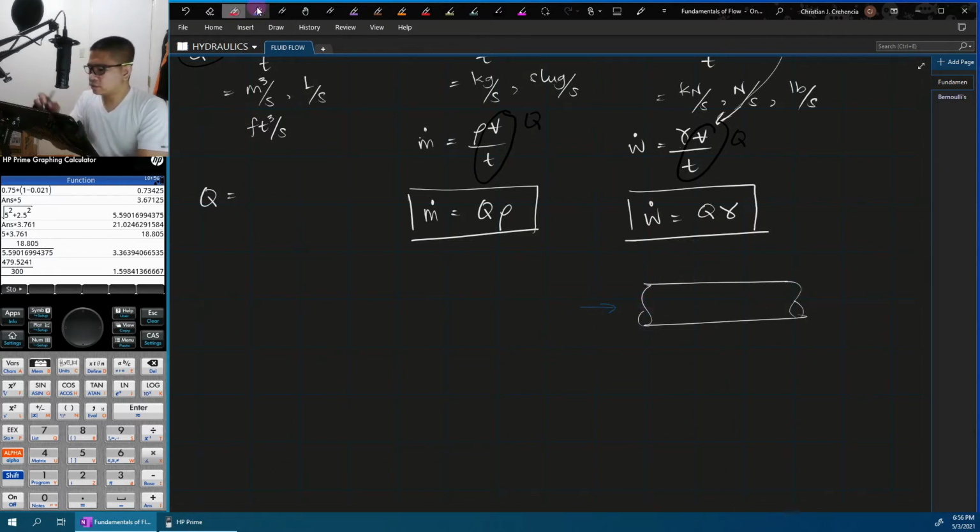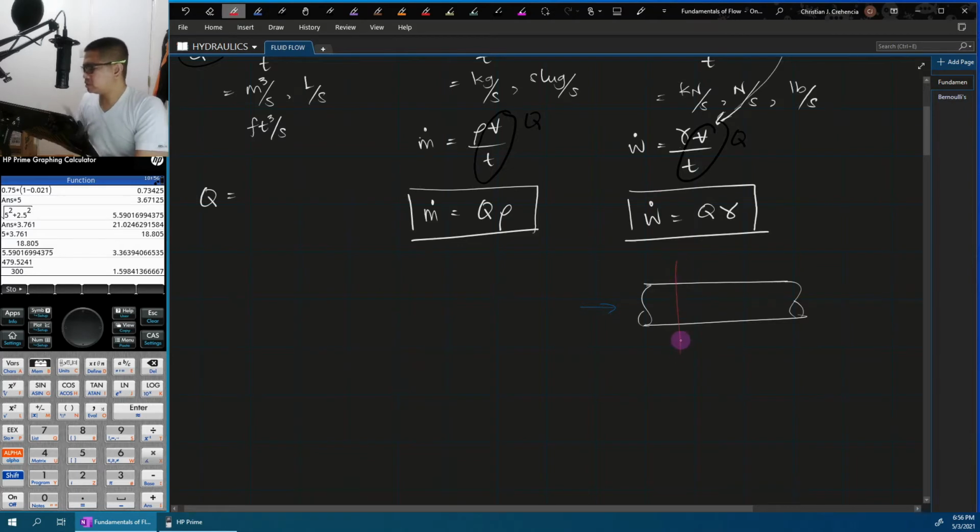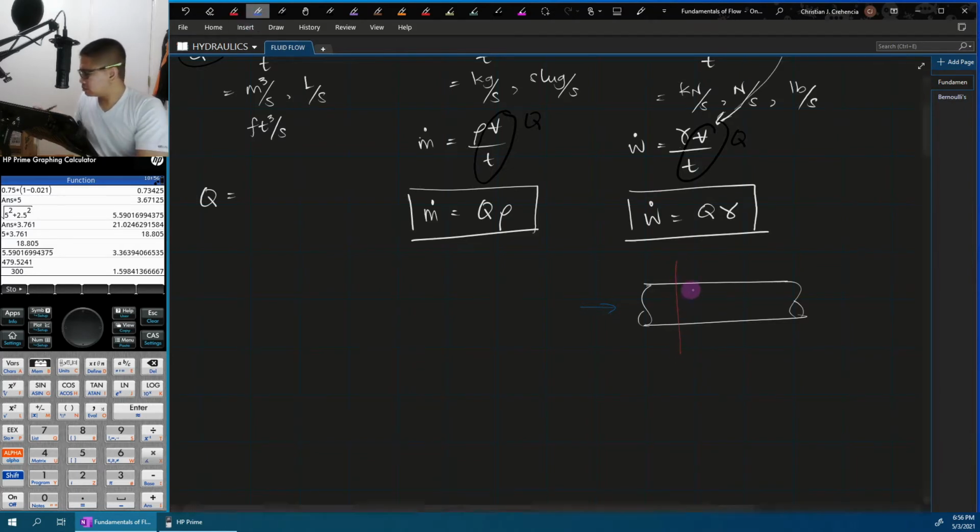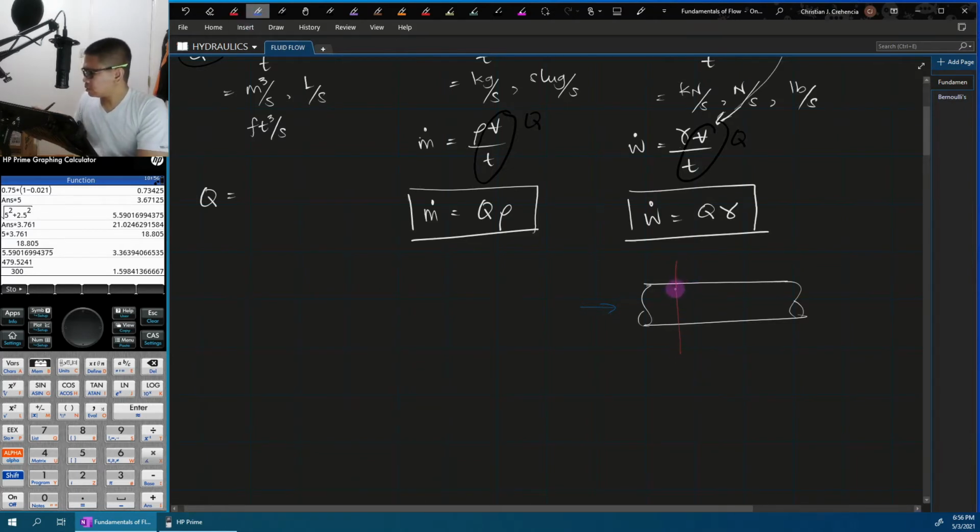So let's say ito yung ating reference point. Then, let's say meron tayo ditong cross-sectional area. Okay. And assuming na maraming particles yan, of course, ng liquid, assuming na they will all travel at the same velocity.